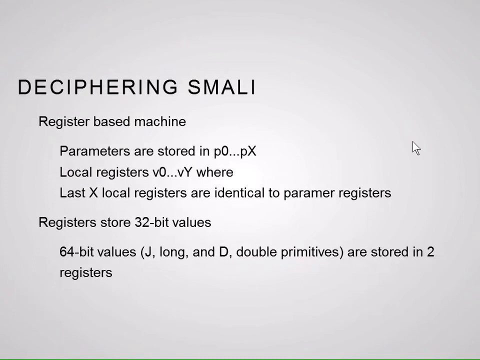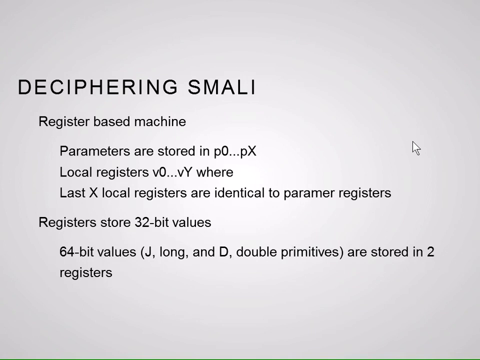So deciphering it, we're going to do it a little bit deeper, but here's the high-level overview. Parameters are stored in the P0 through PX registers. There's essentially an infinite number of registers because it's a virtual machine. Local registers are stored in V0 through VY. And there's an overlay between the last few registers and the parameter registers.